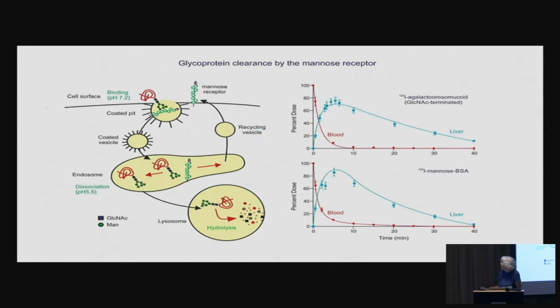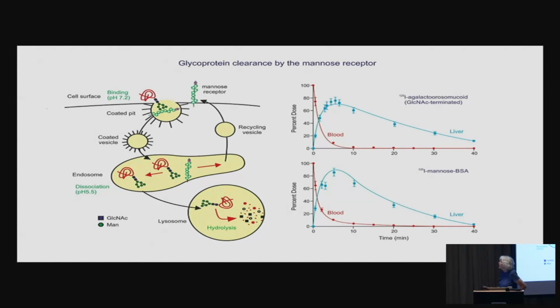And the final example I'll tell you about is the mannose receptor, which is on the surface of endothelial cells of the liver, and it's also on macrophages and dendritic cells. This is a clearance receptor.